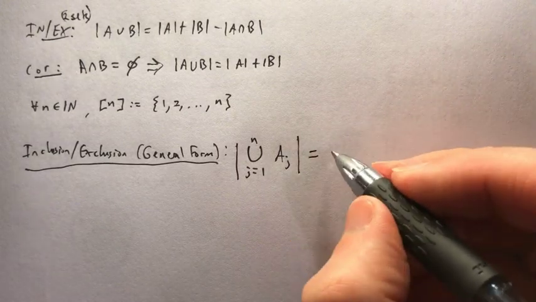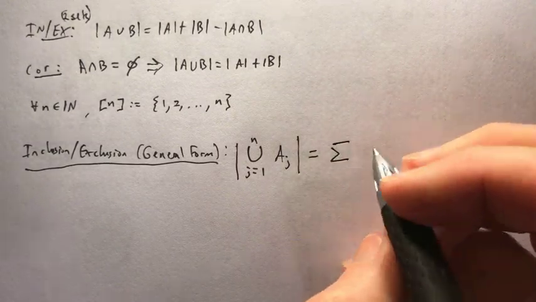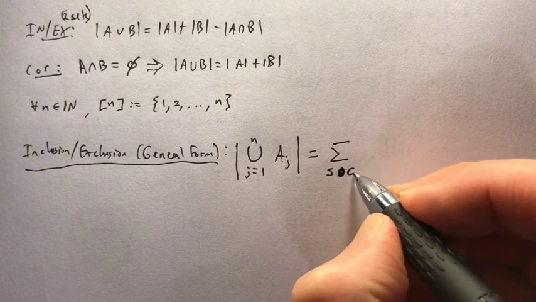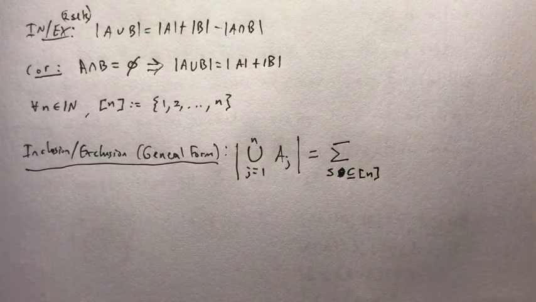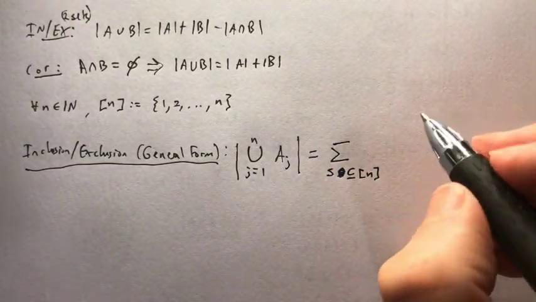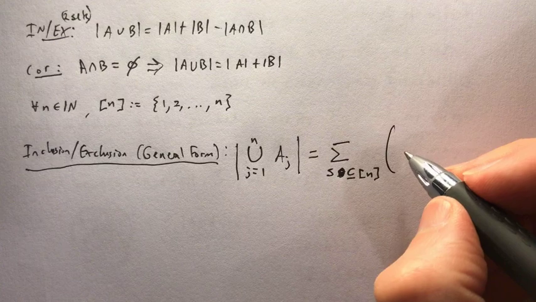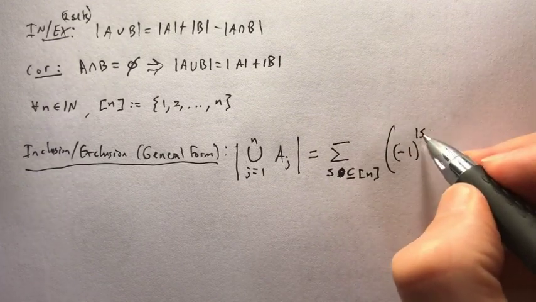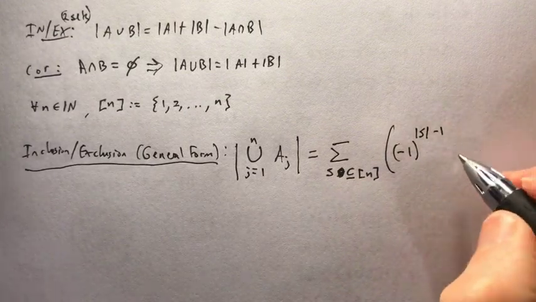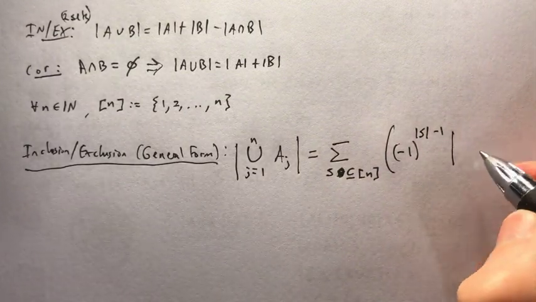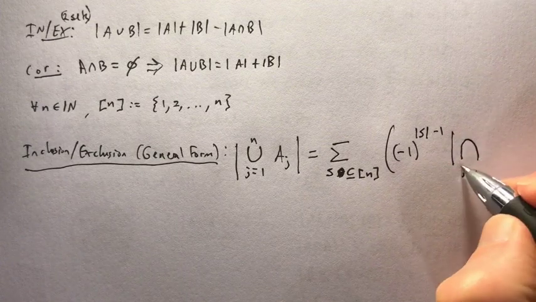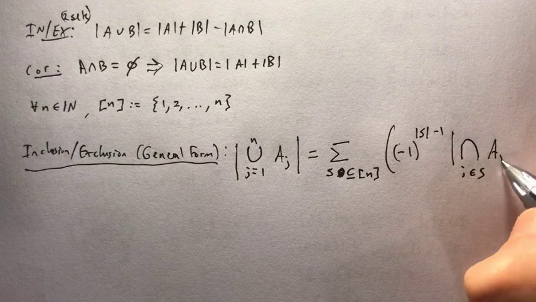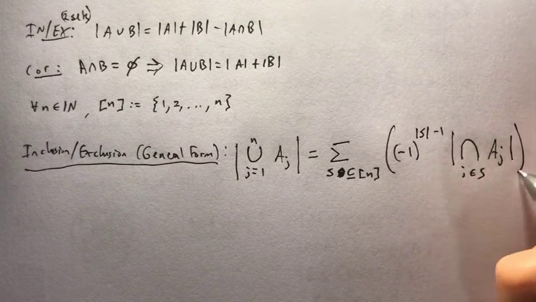is equal to the sum over all subsets of that interval of natural numbers. For each subset, I'll take -1 to the size of the subset minus 1 and multiply that by the size of the indexed intersection, over all the indices in that subset, of A_j.